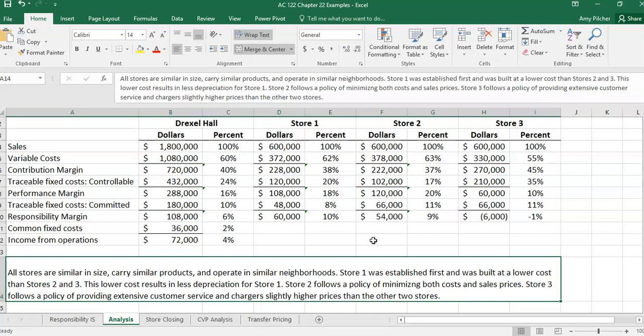Additionally, store 2 has the lowest amount of traceable, controllable fixed costs, which means that store 2 is strategically doing quite well at minimizing both costs and their sale prices. They have an effective strategy and it is working well for them.